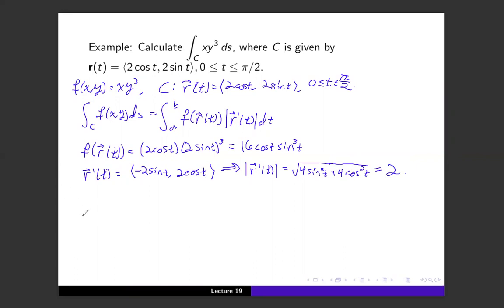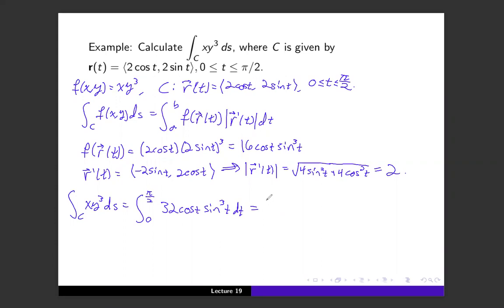So this whole thing, the integral over c of x y cubed ds, will be the integral from 0 to pi over 2 of 32 cosine t sine cubed t dt. Now this is just a basic u substitution.